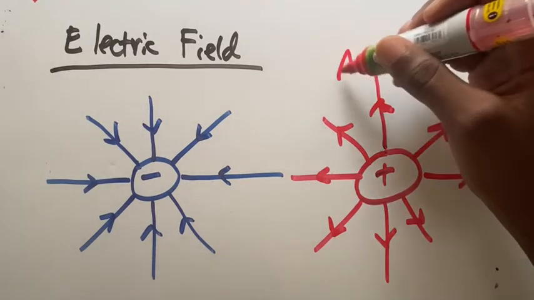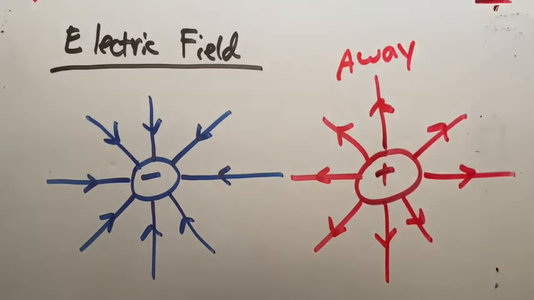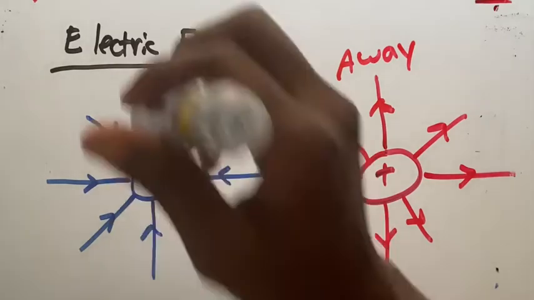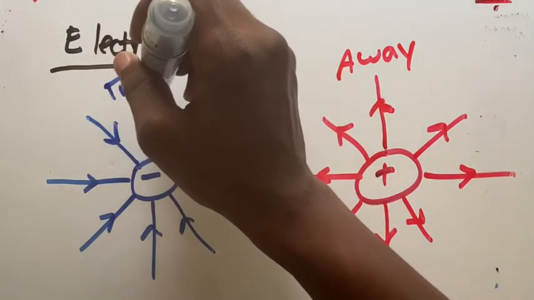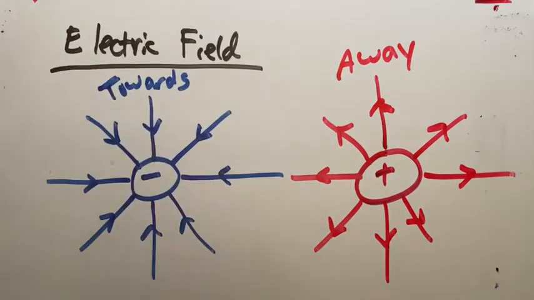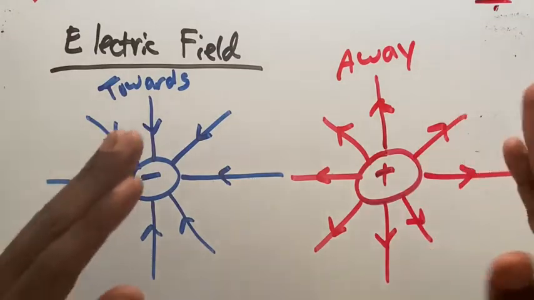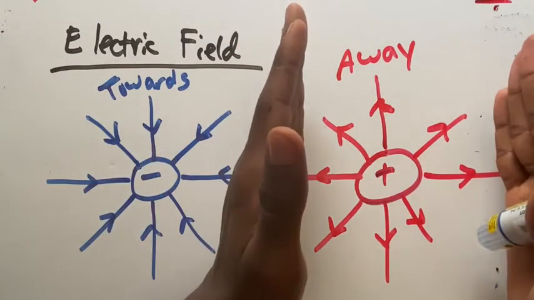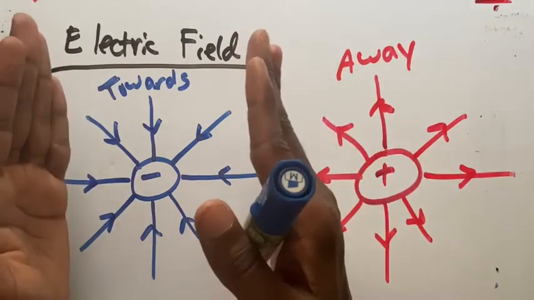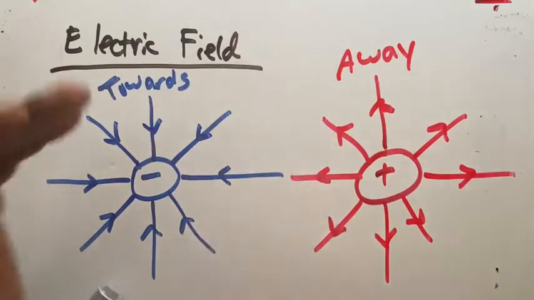So here they point away, and here they point towards. And that's basically how we draw the electric field for a positive charge and a negative charge.